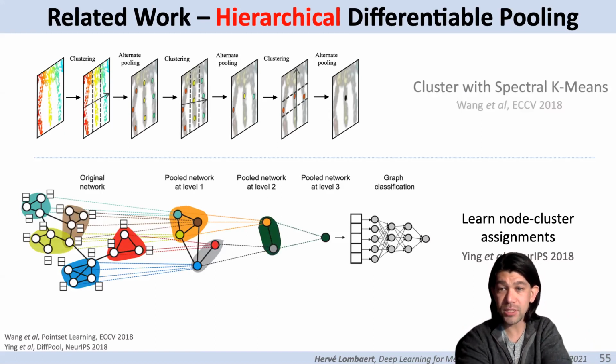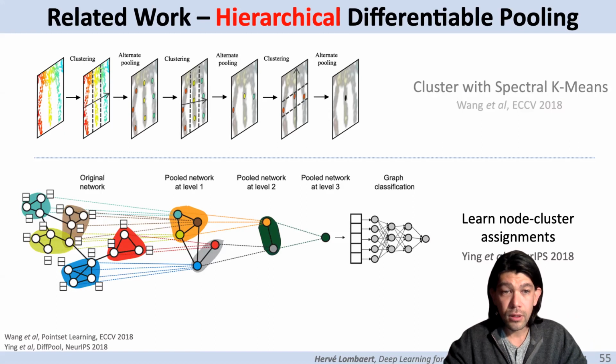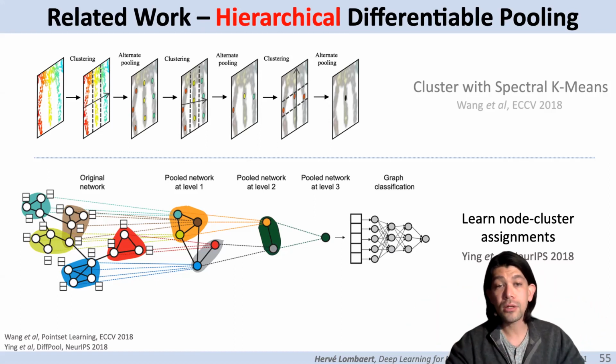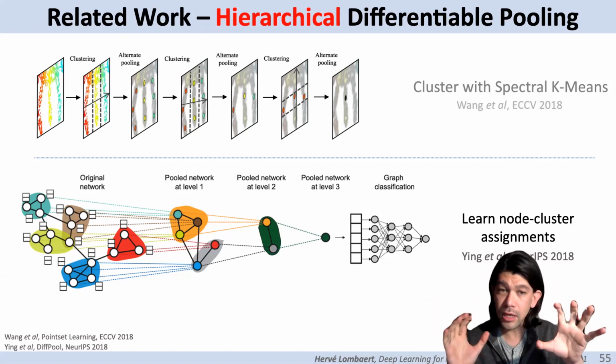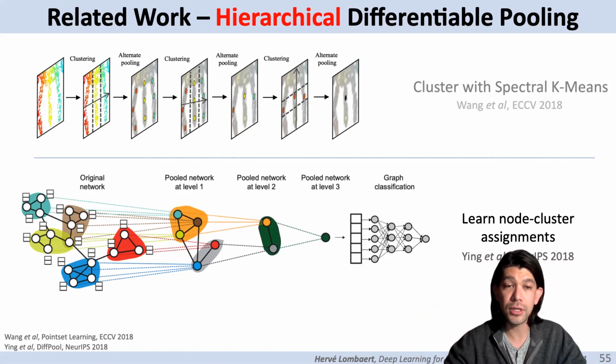In another approach, differential pooling, DiffPool, it forms the clusters by learning an assignment between points and clusters. So it basically tries to find the best assignment. How should you assign every point to a cluster? That is something that is learned in that case.